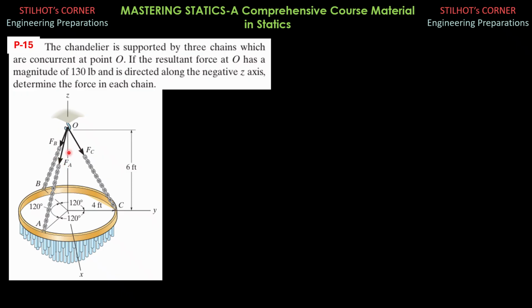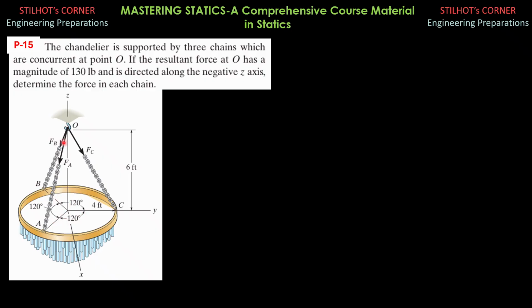Then the angle that each force makes with the vertical, let's consider this right triangle, 90 degrees here. That's the top spacing of the chains at their points of attachment, 120 degrees apart.